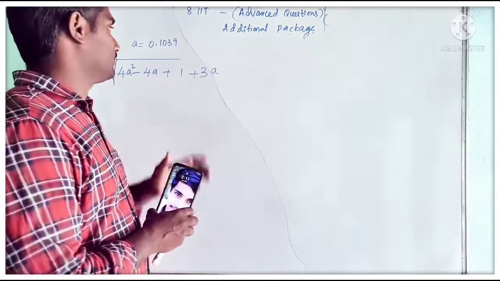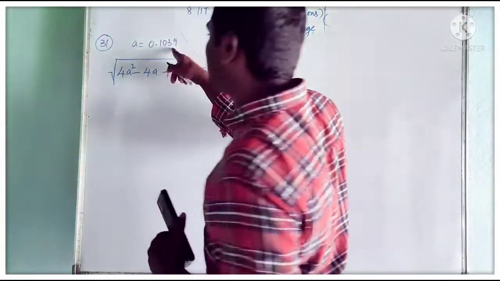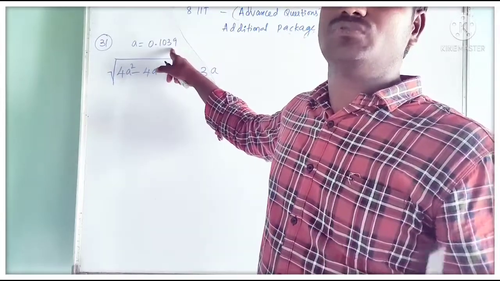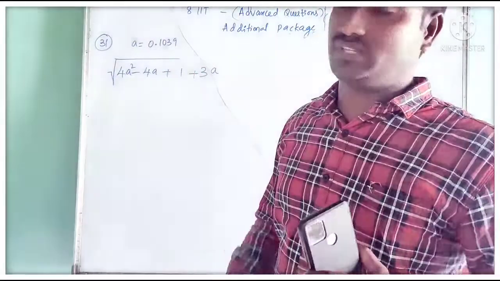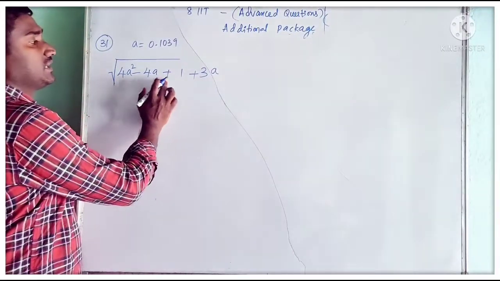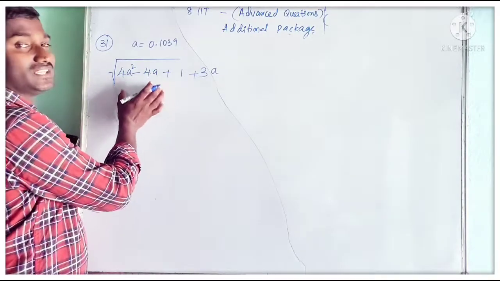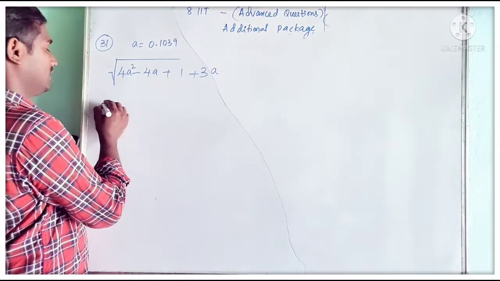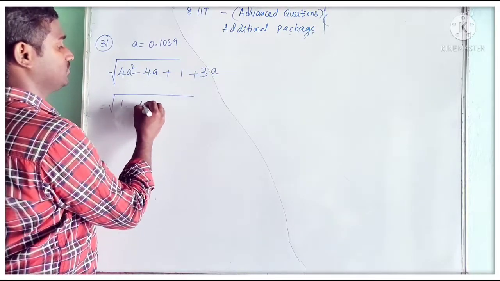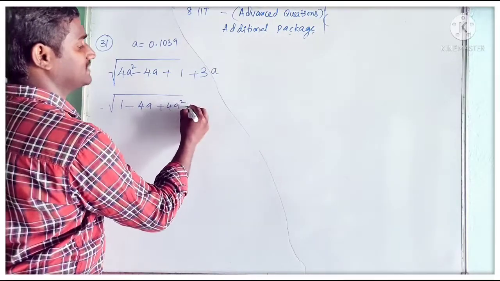Let us see here. We know the square root of any positive number is a positive value. Let us see here. Square root of 4a square minus 4a plus 1 plus 3a is the given. I am rearranging the terms under the root: square root of 1 minus 4a plus 4a square plus 3a. Will the value change?